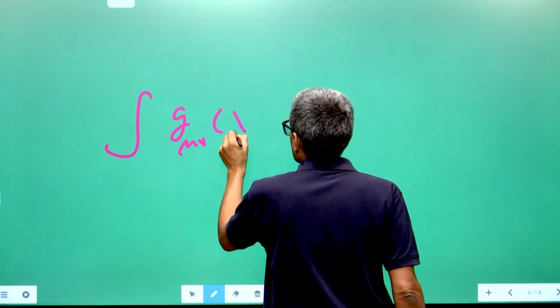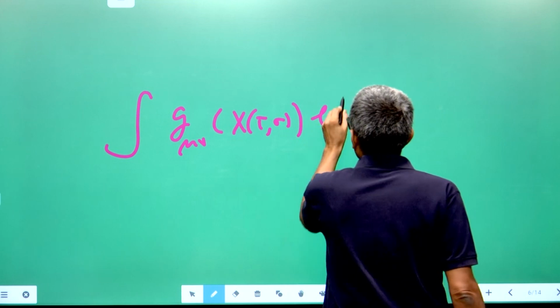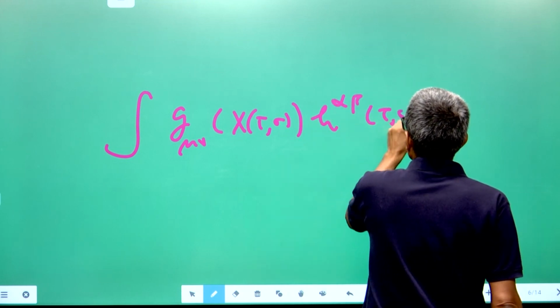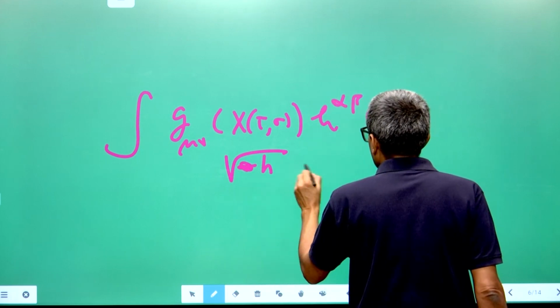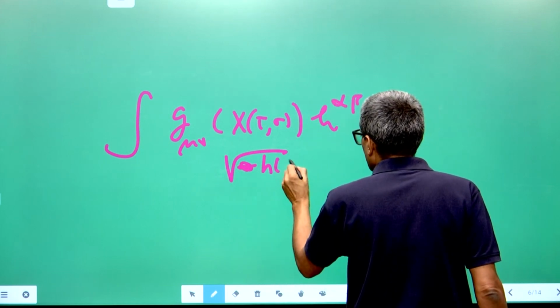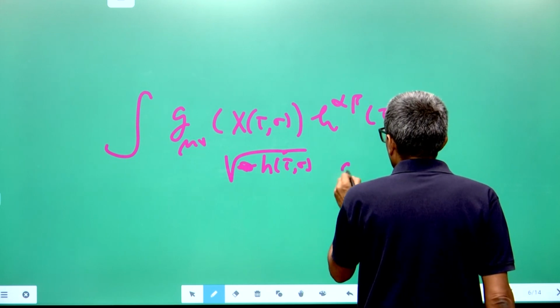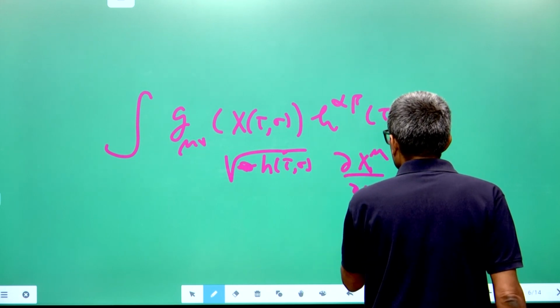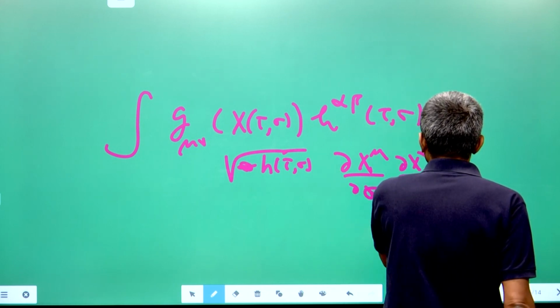mu nu of x tau sigma, and then you have h alpha beta of tau sigma, root minus h or root h, where h is the determinant of h alpha beta, and then you put dou x mu by dou sigma alpha, dou x nu by dou sigma beta, d2 sigma.